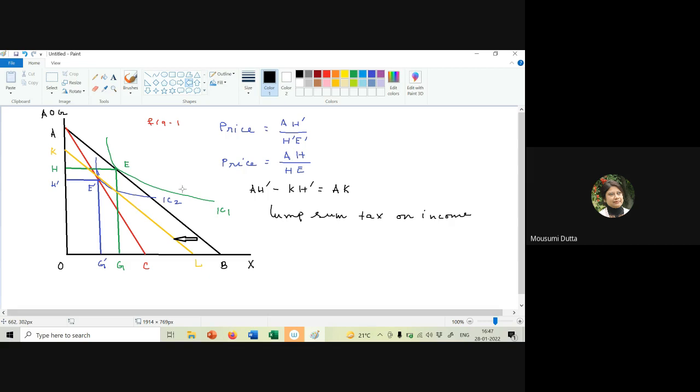Then also, we can show the situation will be better than that of this indirect tax. If I consider the budget line KL, there is a chance that I can move to a higher indifference curve.